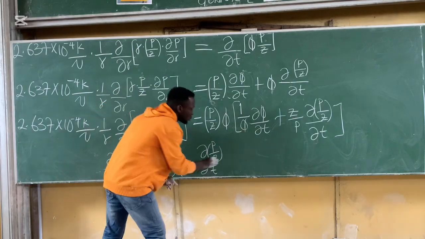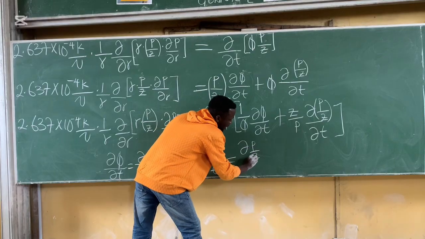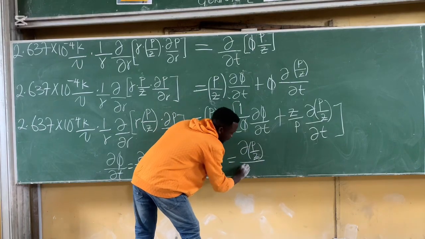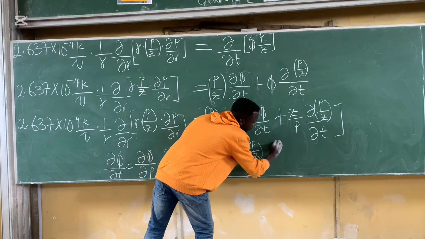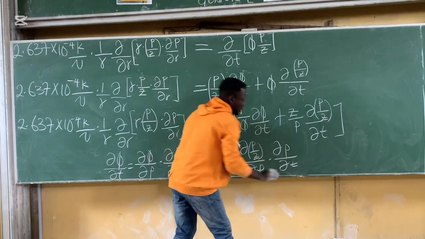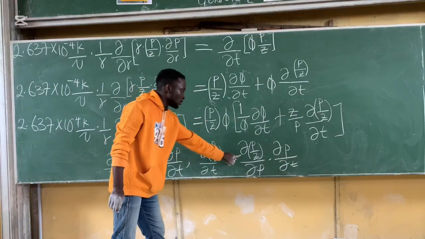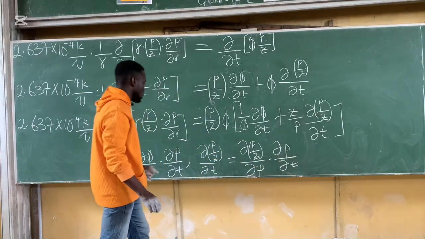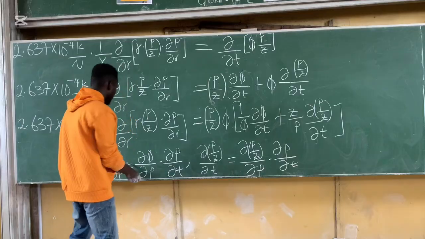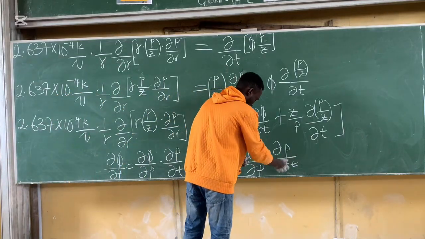If you apply chain rule to this, we are going to have d of p over z divided by dp times dp divided by dt, such that dp cancels out. We are going to have d of p over z dt. So from chain rule, this is equal to this, and also this one is equal to this.